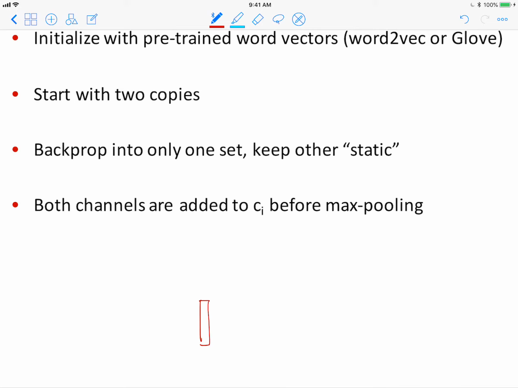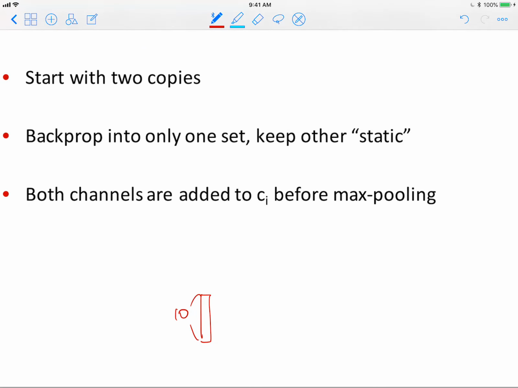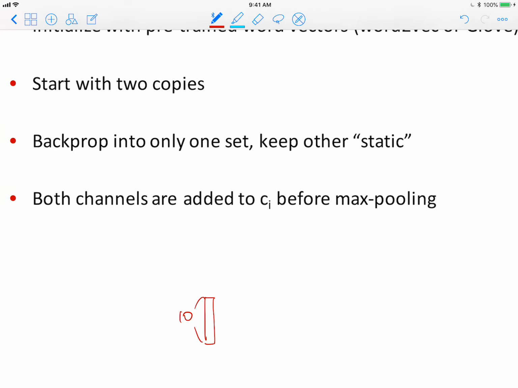Suppose our pre-trained word embedding had maybe 10 dimensions. In the multi-channel case, we represent the word embedding as 20 dimensions, using a concatenated version of initially identical vectors.